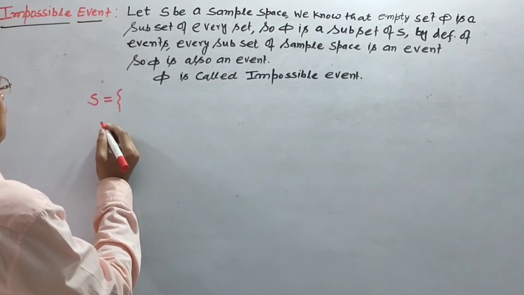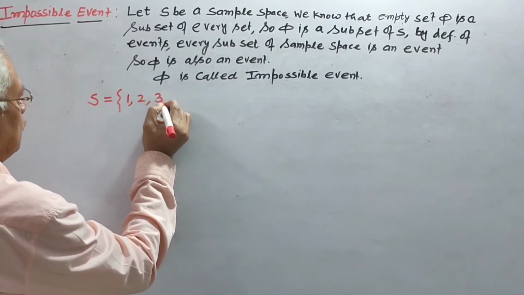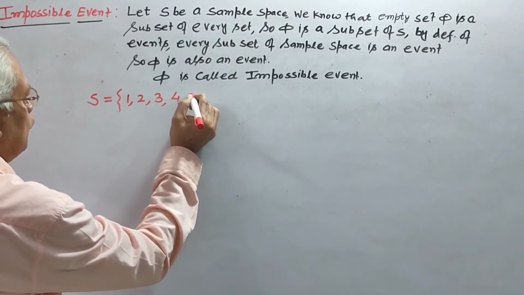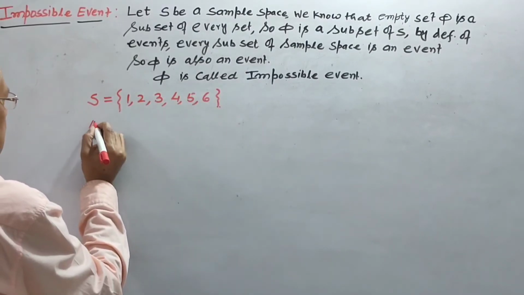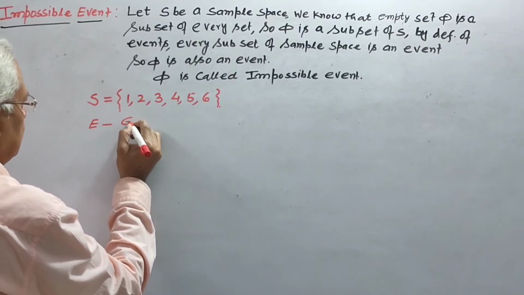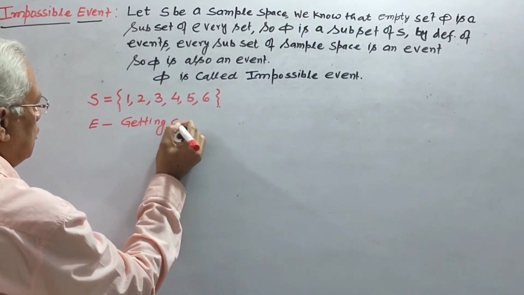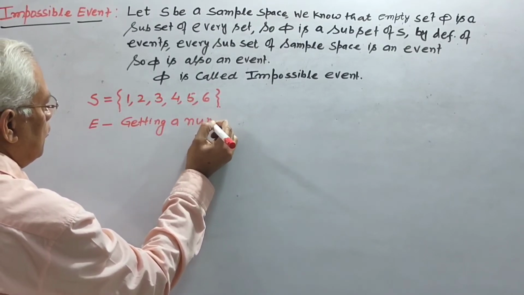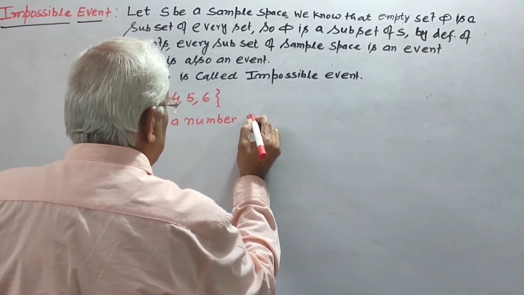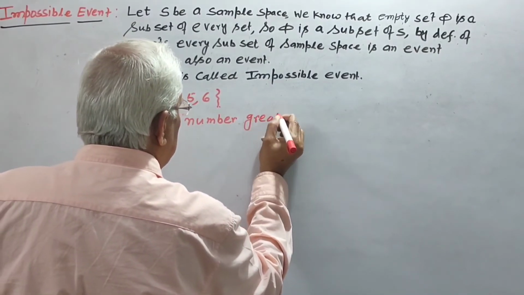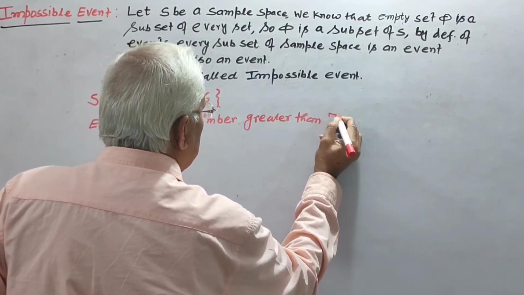Let us take an example of throwing a die once. What will be the sample space? 1, 2, 3, 4, 5, 6. Let event E be getting a number greater than 7.